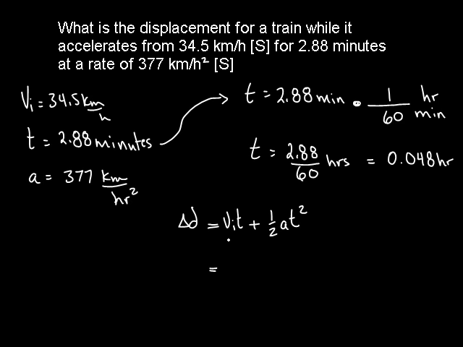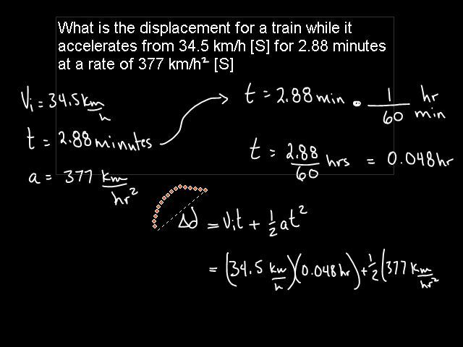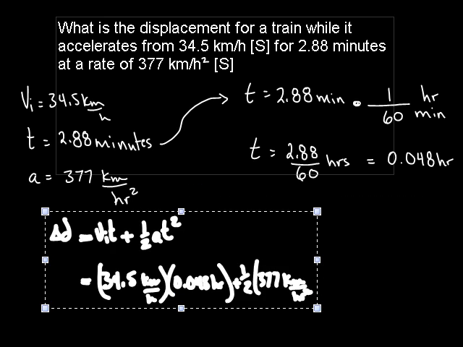We've got our initial velocity here is 34.5 times our time, 0.048 hours, plus 1/2 times 377. I'm running out of space here, so I'm just going to move everything over.